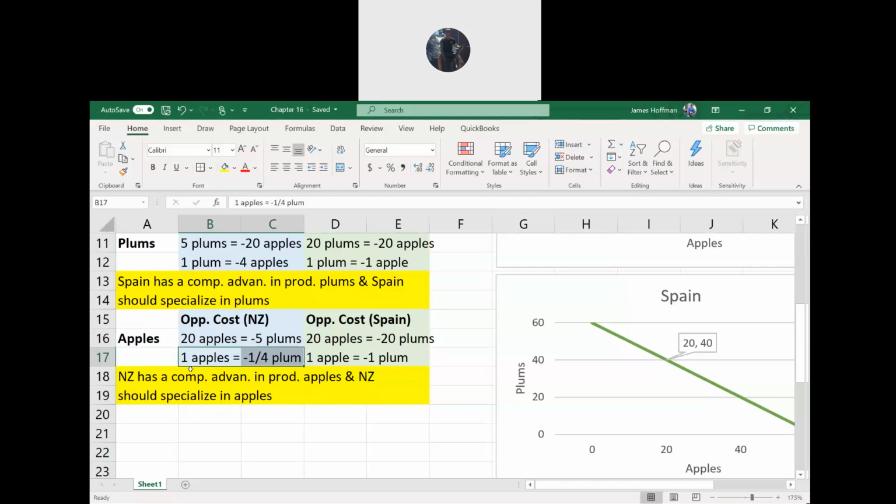So if they're going to produce and trade, they need to get back in return at least this, so they need better than a fourth of a plum. They need half a plum or whatever to be better off. If they didn't get that, then it wouldn't be advantageous for them to trade at all. So they need to beat this initial opportunity cost or cost ratio.